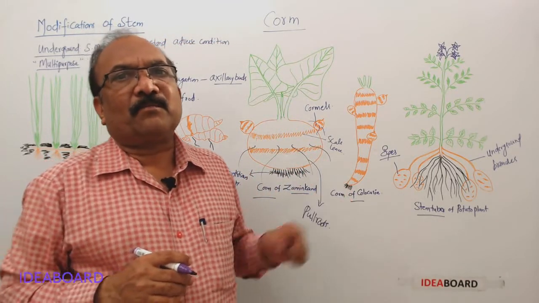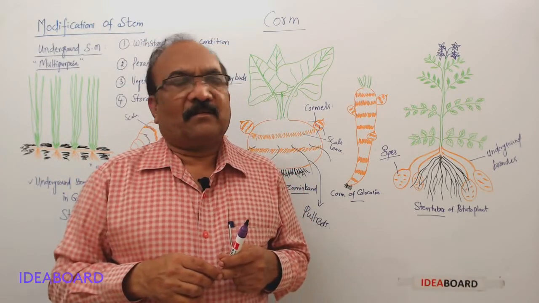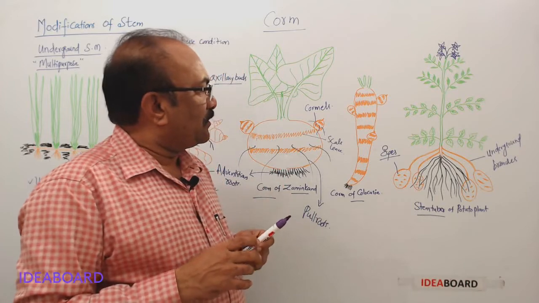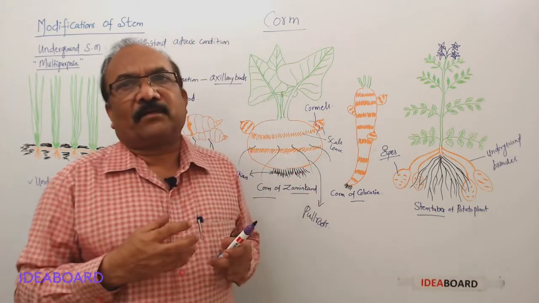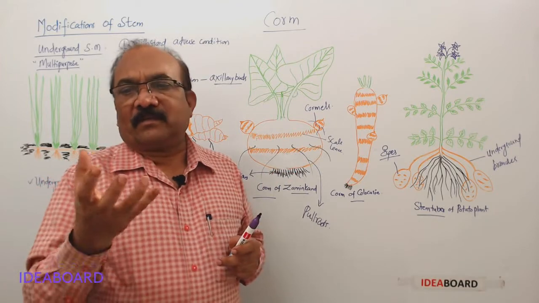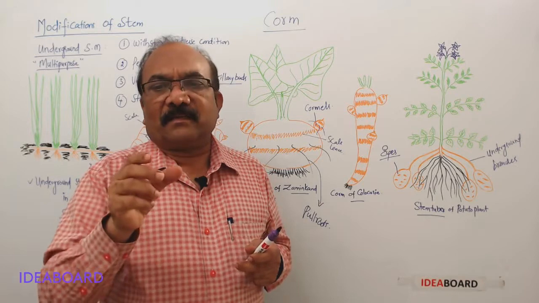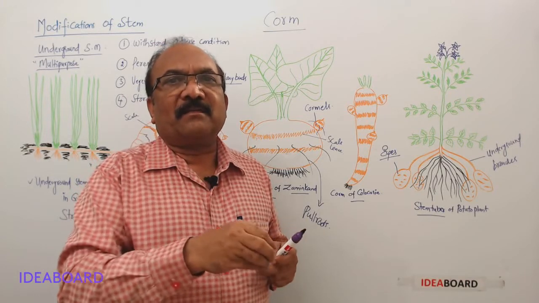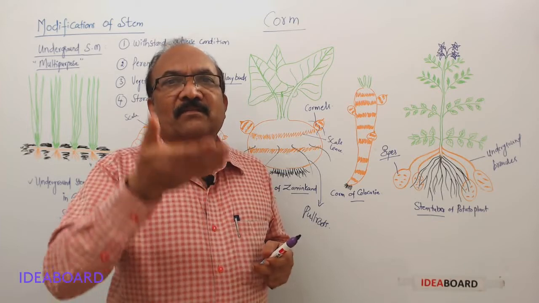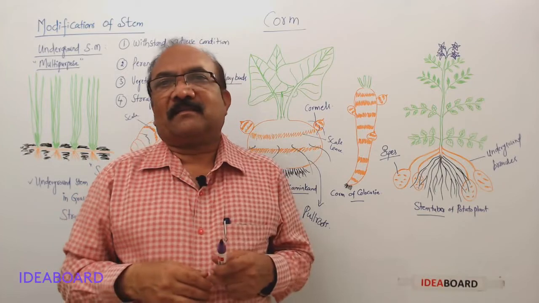By the time this potato comes to the market, you won't find the scale leaves. Whenever the farmer wants to cultivate the potato plant, they take the tuber and cut it into pieces, select a piece with at least one eye, and keep it in the ground, and that will sprout into another new potato plant.